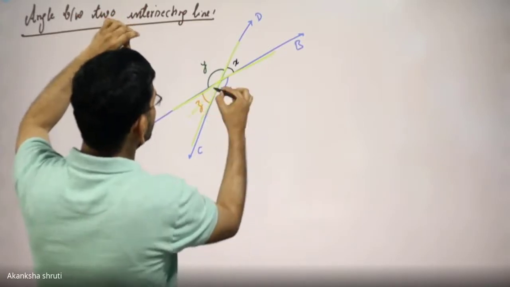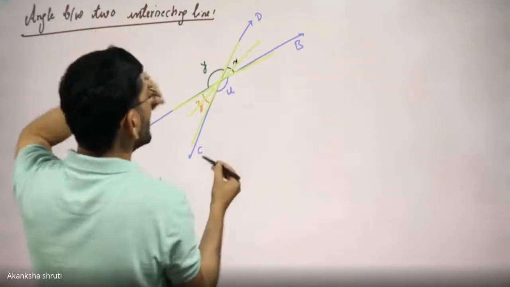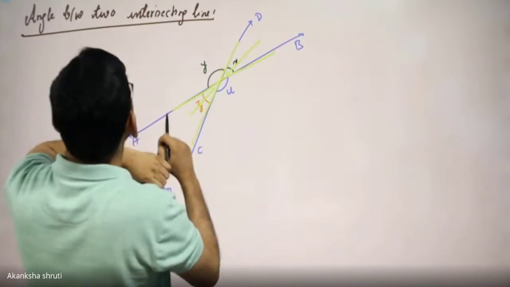So just focusing on this part and this part, these two angles are opposite to this vertex. So they are called vertically opposite.